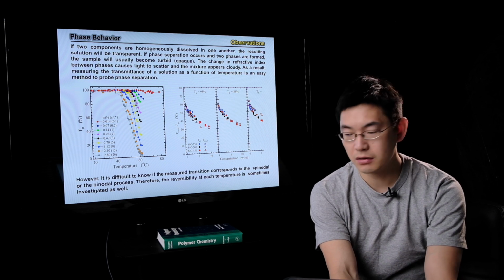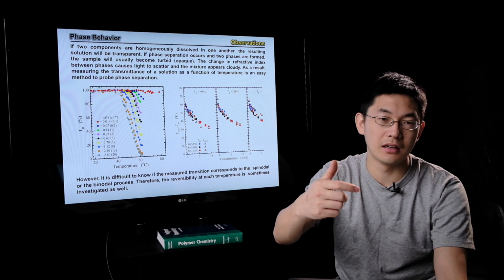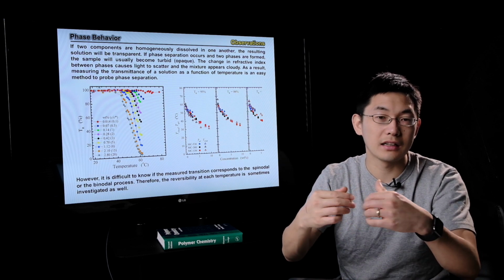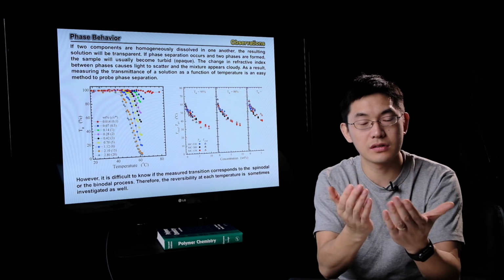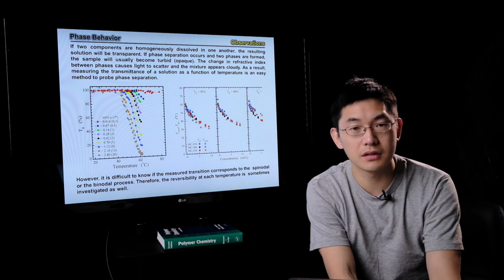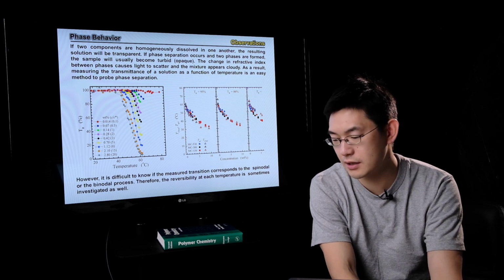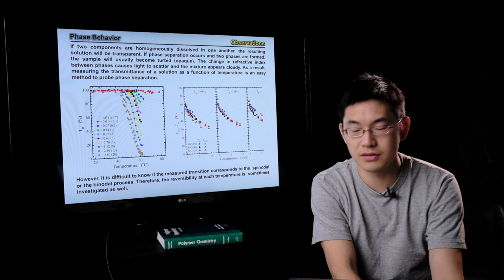That means it will behave turbid. The reason is that light hits your polymer solution and is reflected or diffracted in various different directions, then it looks very turbid. A great example is actually milk. The milk you drink every day is oil dispersed in water, and this behaves turbid.